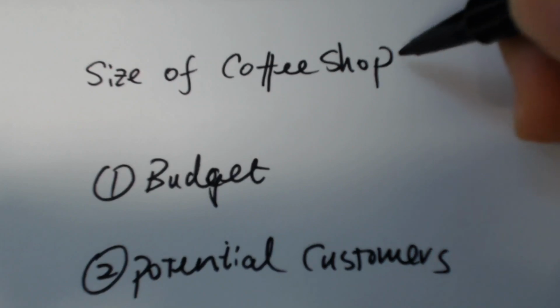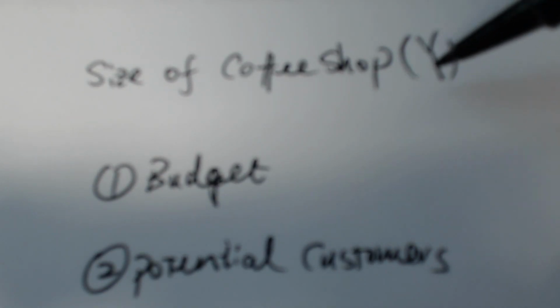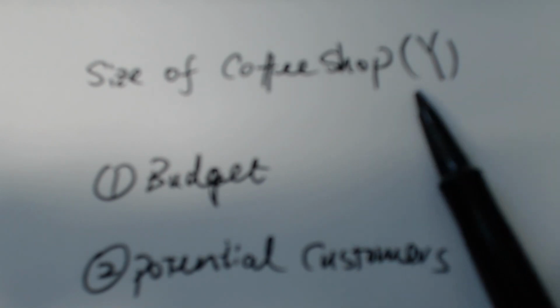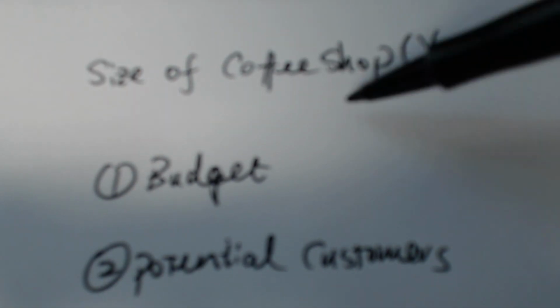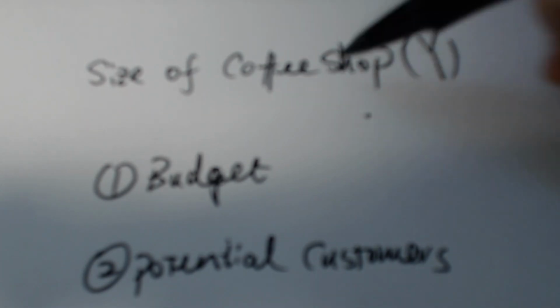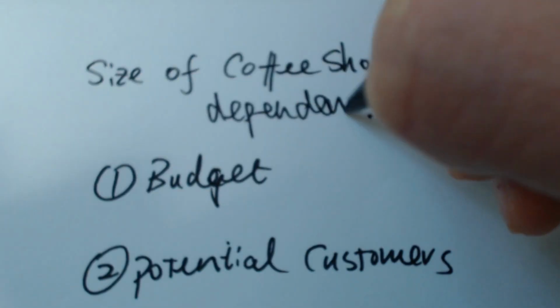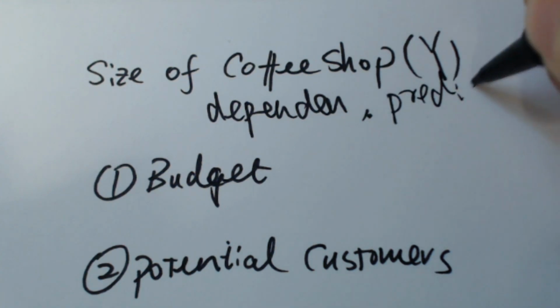That's why the size of the coffee shop becomes your y variable, and it is also our dependent and predicted variable.